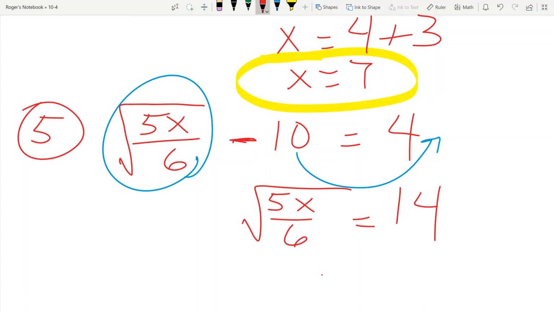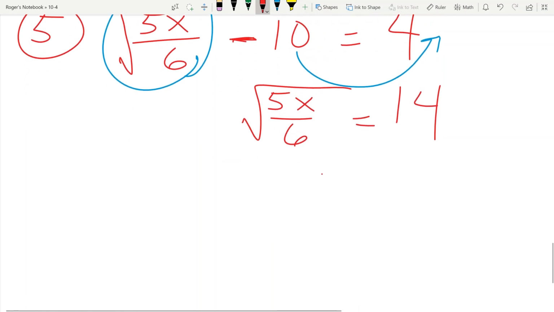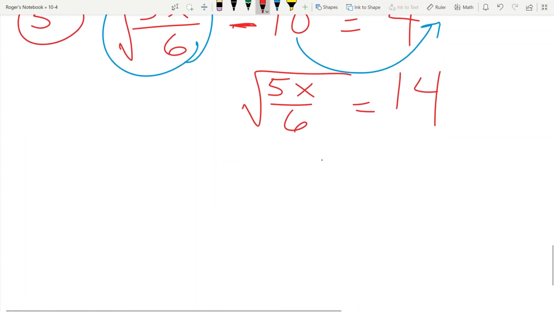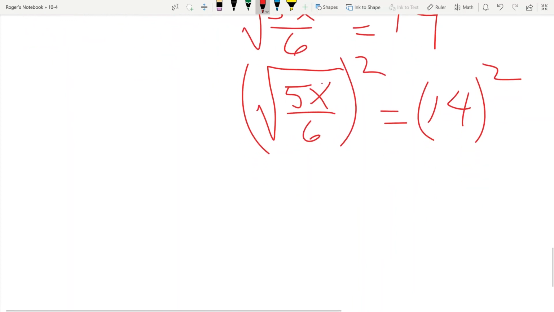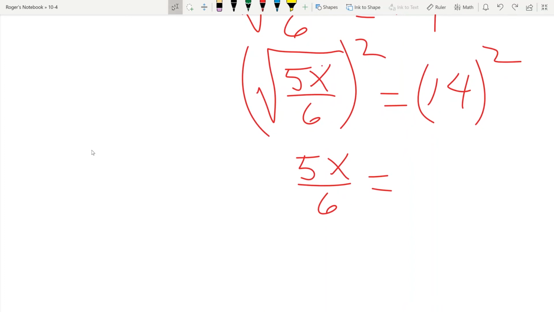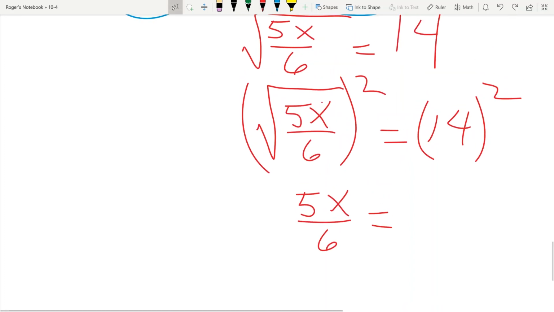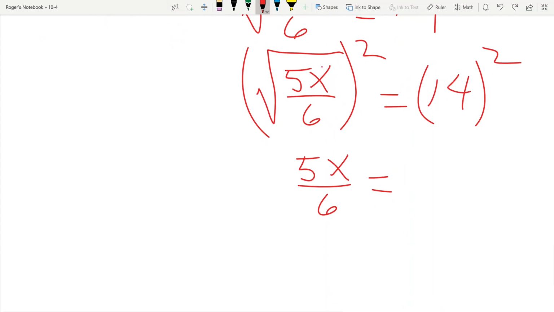Now I square the left and I square the right. What do we come up with here? When I square the left, and I'll show this step to make sure we're all together, 5x over 6, quantity squared, is equal to 14 quantity squared. On the left, we just get the radicand, which is 5x over 6, is equal to 14 times 14, so 14 squared is equal to 196.